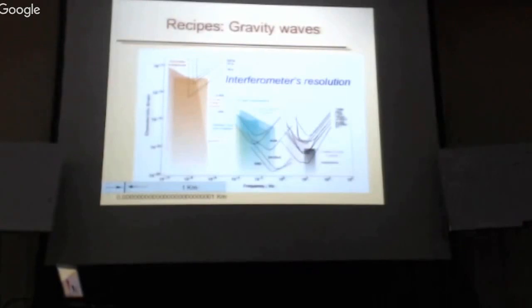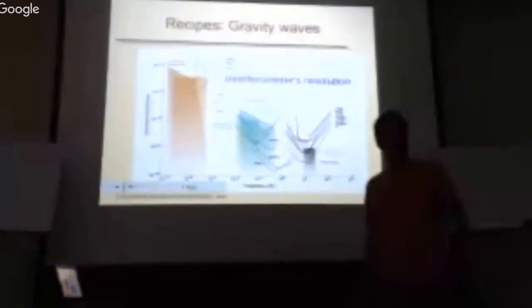And advanced LIGO, for example, which is here, one of these lines here, you can go to 10 to the minus 24. That means if you get a 1 kilometer distance, it can tell you a change of this magnitude. All these zeros and a 1.